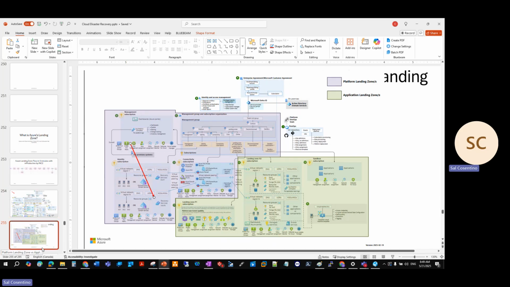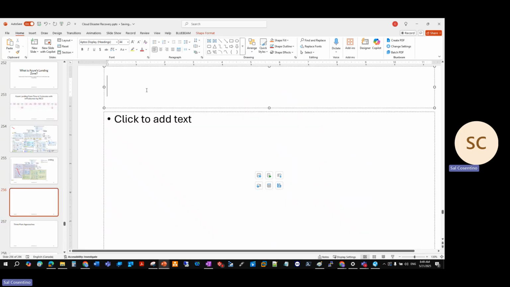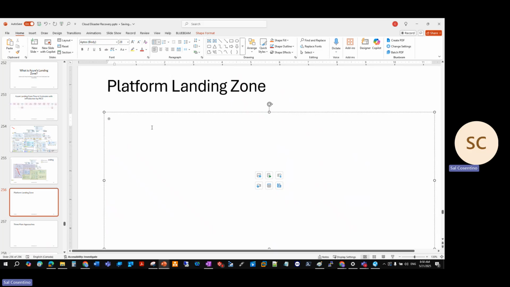Here, let me write this out for you guys, right? And when we talk about platform landing zone, in an architecture, we have our identity subscription, right?